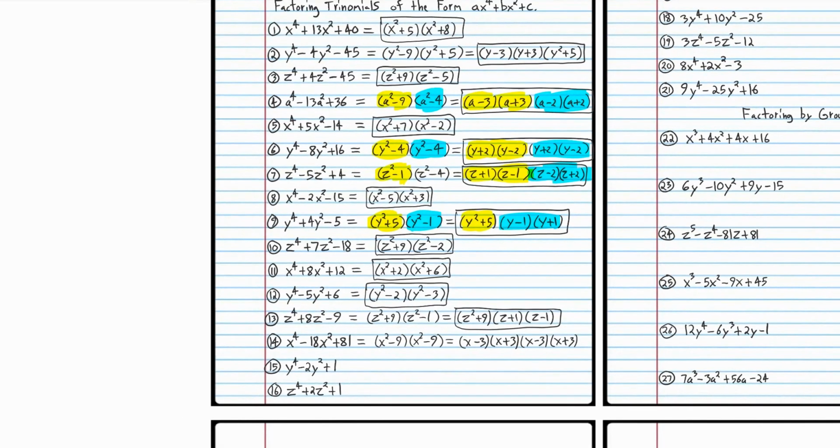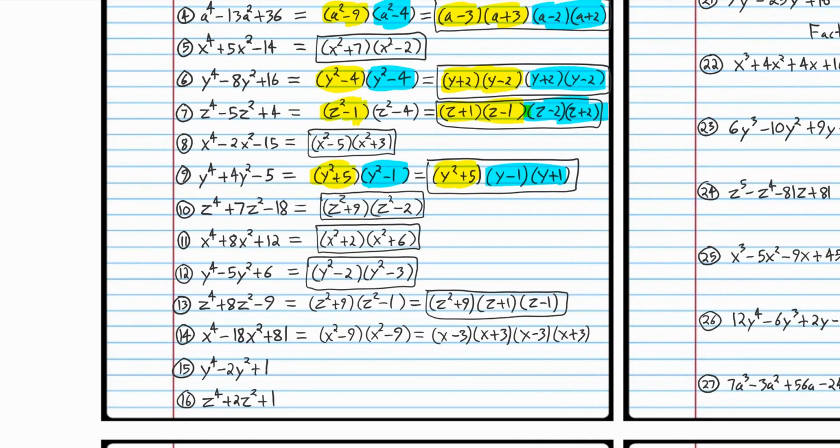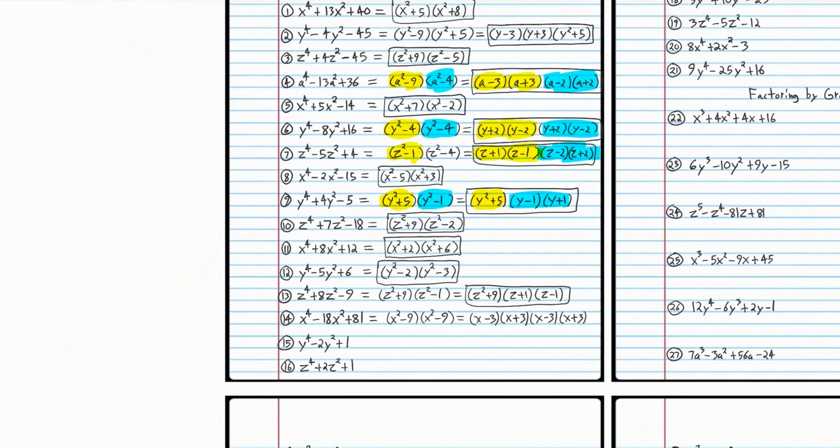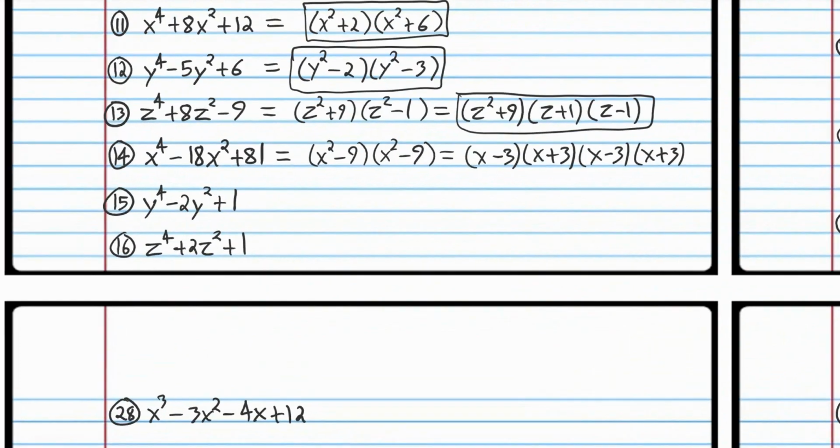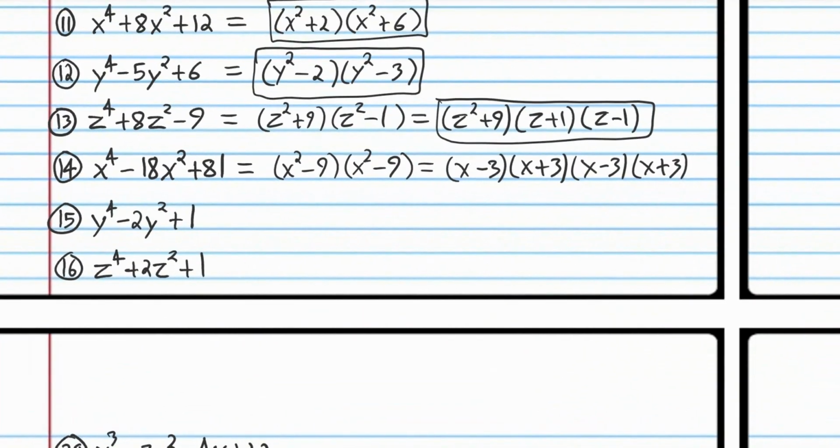I should probably mention in problem number 6, I could have written that in condensed notation. Let me show you what condensed notation is, because in this problem we can write condensed notation also. The x minus 3, I can actually put together, because there's two x minus 3s, I can put them together with a second power.